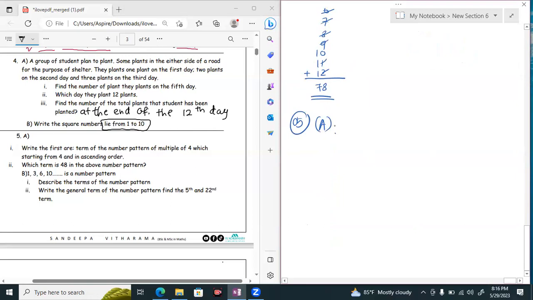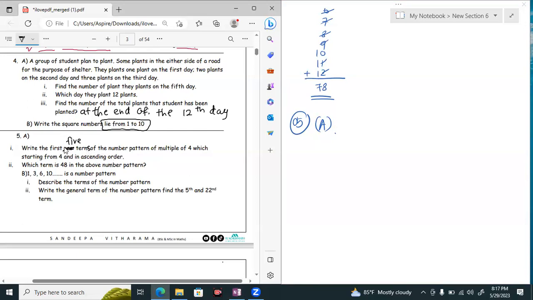Wait a little. In the 5th question, write the first 5 terms of the number pattern of multiples of 4 which is starting from 4 and in ascending order.